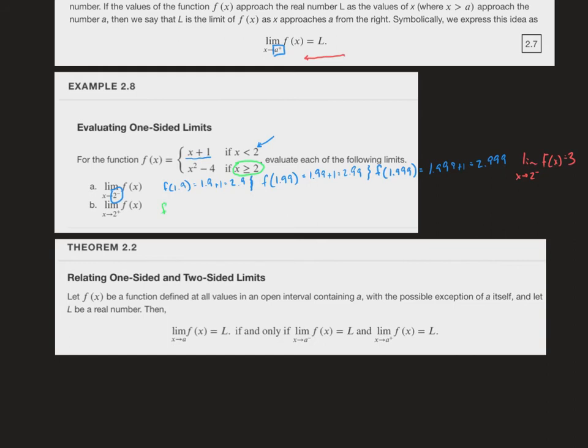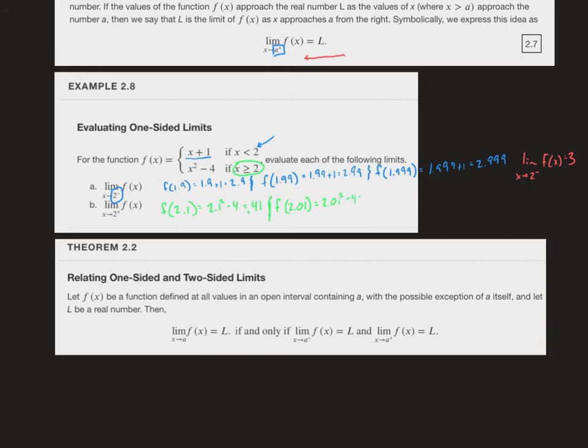So f of 2.1, that is 2.1 squared minus 4. Check that in your calculator and you get 0.41. F of 2.01, that is 2.01 squared minus 4.